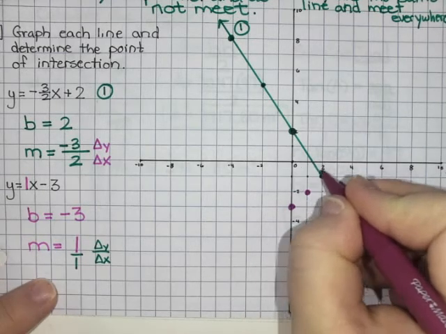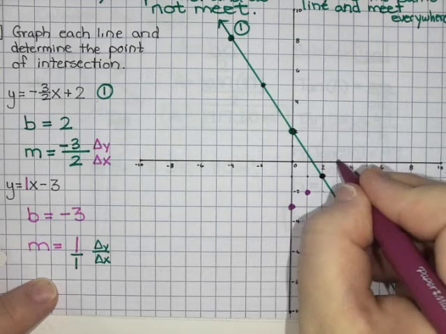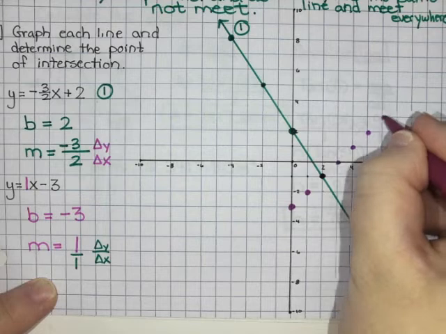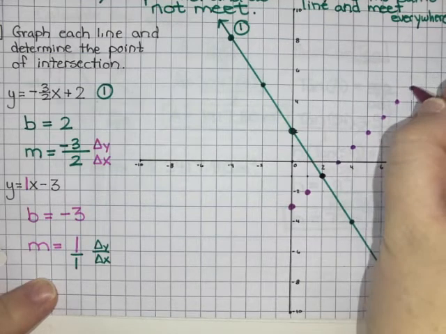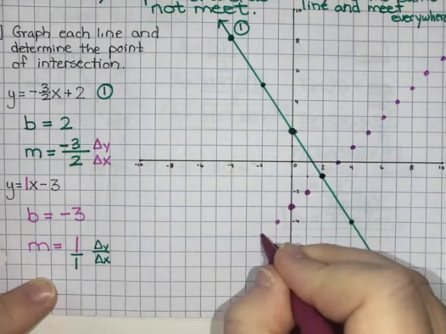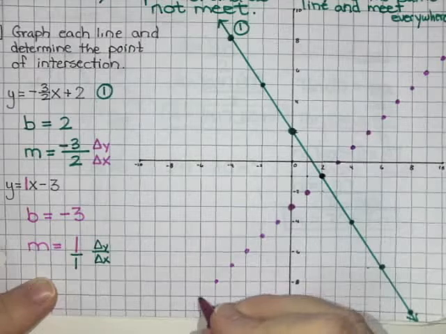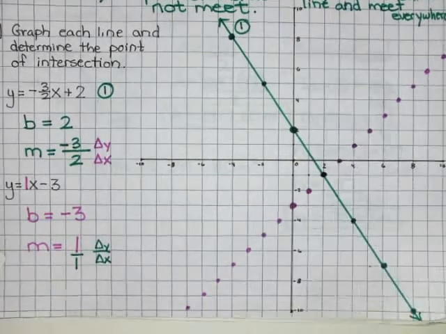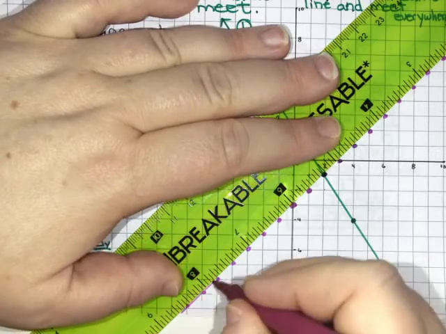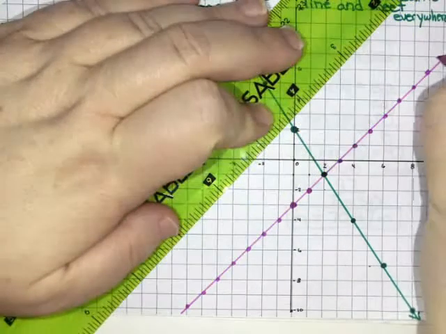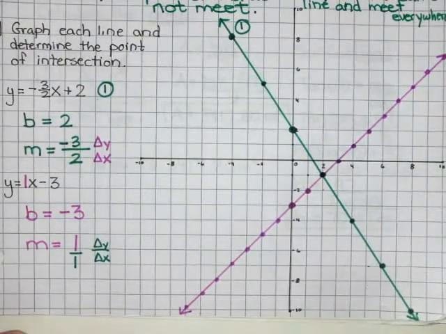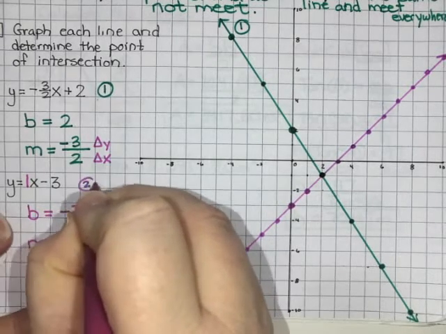And then I'm going to add 1 to y, add 1 to x, and keep doing that until I run out of space. And then I do it in reverse. And then I'm going to draw my line. I'm going to call this line number 2, even though I did color code.